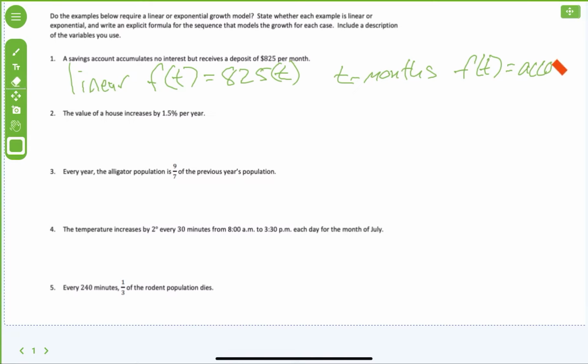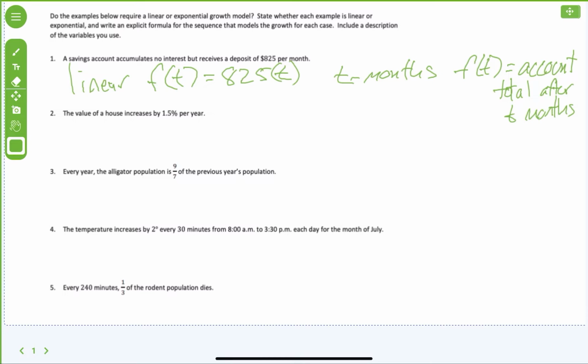The account total after T months. Okay. Everybody understand where we get that?